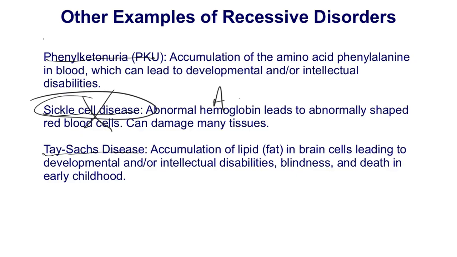If you're AA, you produce much more normal, so you don't even feel like you have the disorder. Tay-Sachs disease is another horrible disease where fat globules build up in your brain, and the baby in early childhood loses his intellectual and brain activities, and it's horrible to see your child slowly go brain dead.